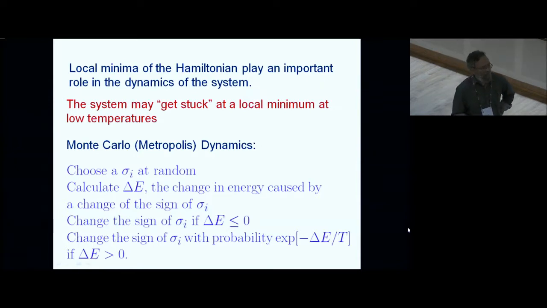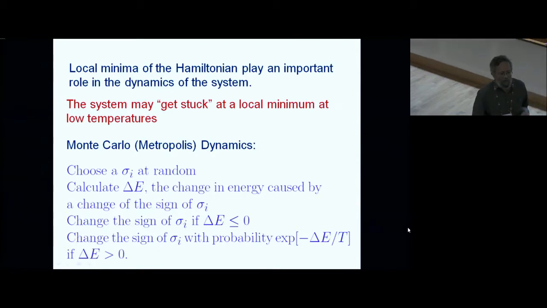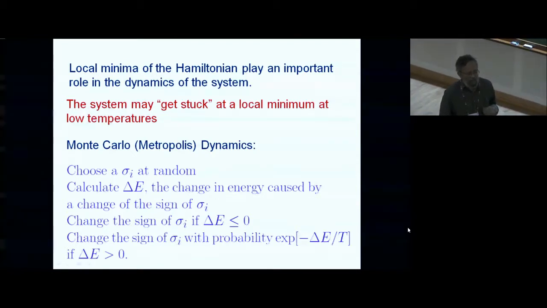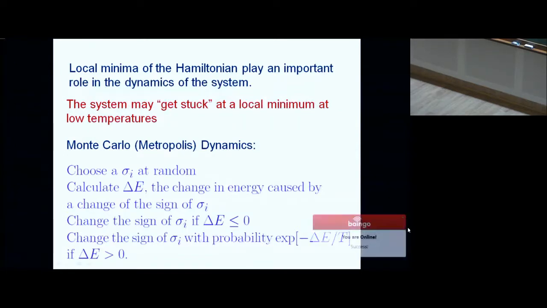So zero temperature Monte Carlo dynamics means that you try to flip the spins at random, and a spin flip will be accepted only if by flipping the spin you are going to decrease the energy. Now these single spin flip stable states that I'm talking about are, by definition, constructed in such a way that if you flip any spin, it will actually increase the energy. So no such flip will be accepted at T equals 0 if this is the dynamics that you are assuming for your system.